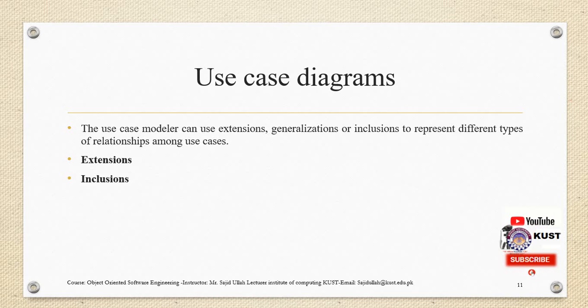For example, many different use cases might require an actor to specify a password, to browse through a list of items, or to open a file. Rather than repeating the detail of such common interactions in multiple use cases, you can create a special use case that will be included in all other use cases. Such a use case represents the performing of a lower level task with a lower level goal.